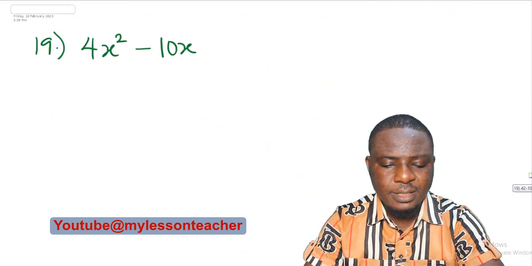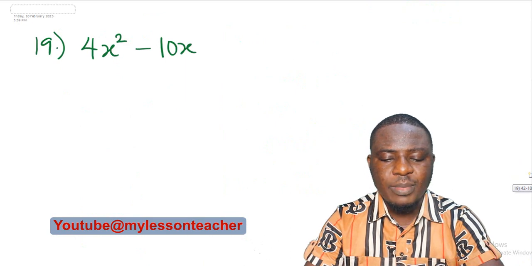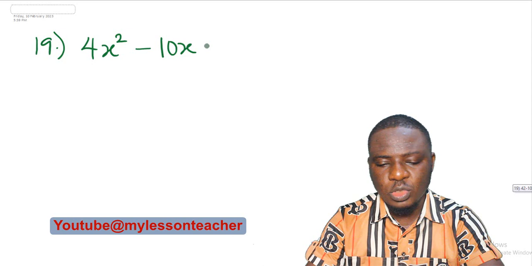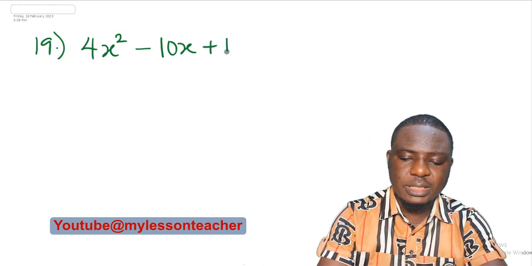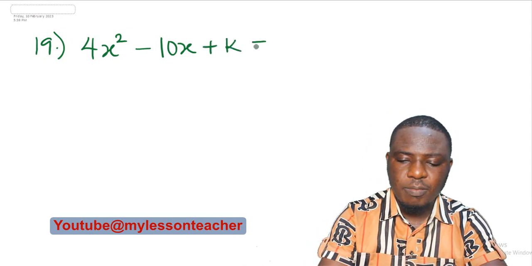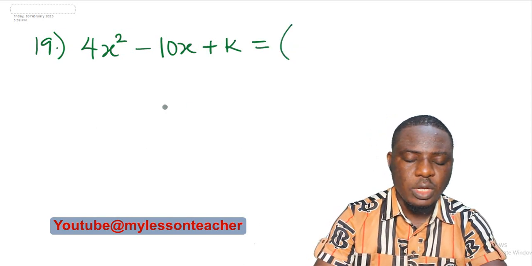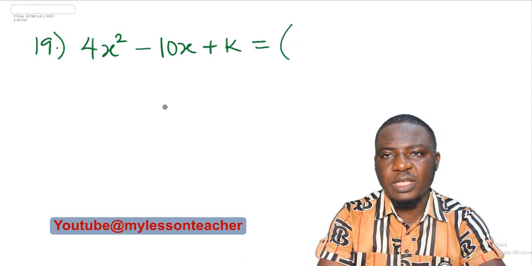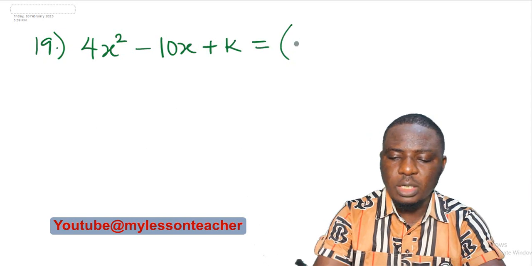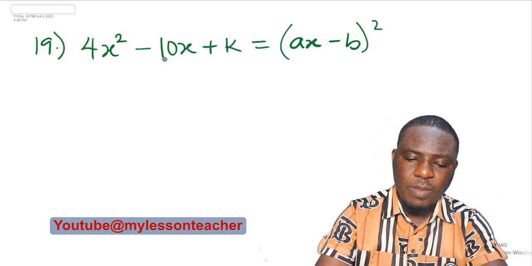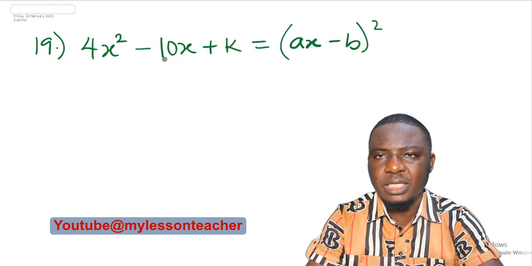Question 19, 4x squared minus 10x. Same thing as what we did. You say let that term be k, and if it is k, it can be factorized to be equal to, remember the coefficient of x squared is not 1, so it's going to be ax minus b all squared, minus because the second term is negative.